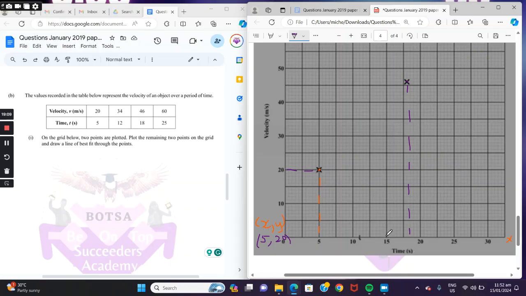So if here's 15 and here's 20, halfway through 15 and 20 is going to be like 17, right? Let me see. No. Halfway, okay, we can't check it like that.